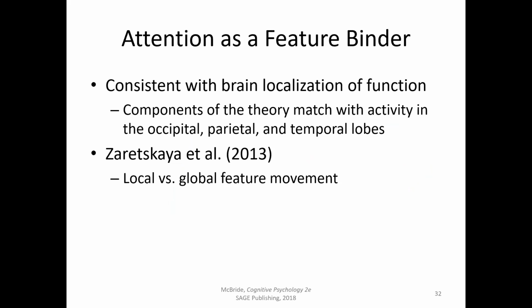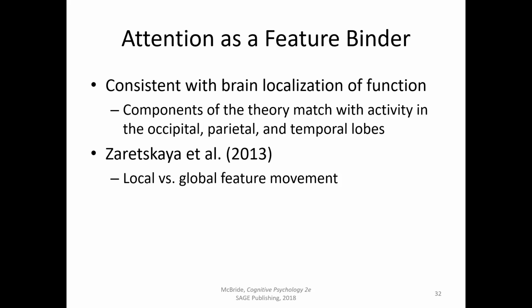Now we go to attention as a feature binder. So it is consistent with the brain localization of function. The components of the theory match with the activities in the occipital, parietal, and the temporal lobes. And then these researchers in 2013 looked at the difference between a local versus a global feature movement.